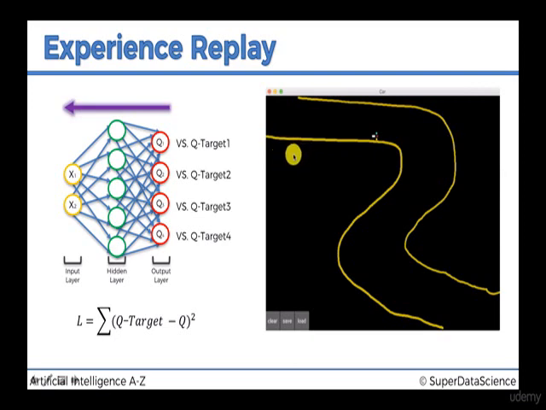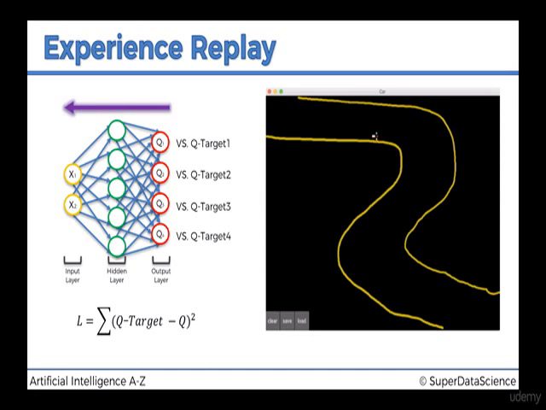So it might take a couple from here, a couple from here, a couple from here, and each experience is characterized by the state it was in, the action that it took, the state it ended up in, and the reward it achieved through that action in that specific state. So 4 elements in each experience: state 1, action, state 2, and reward.